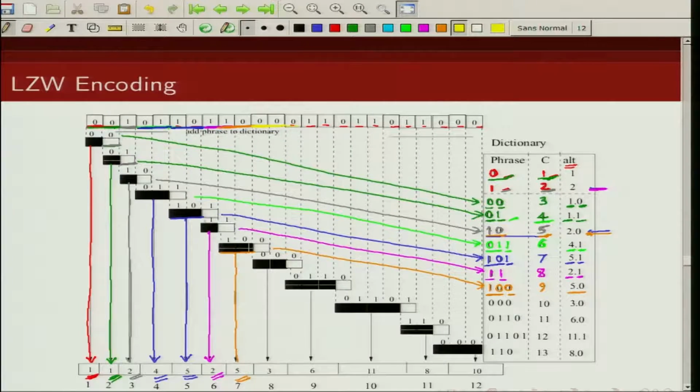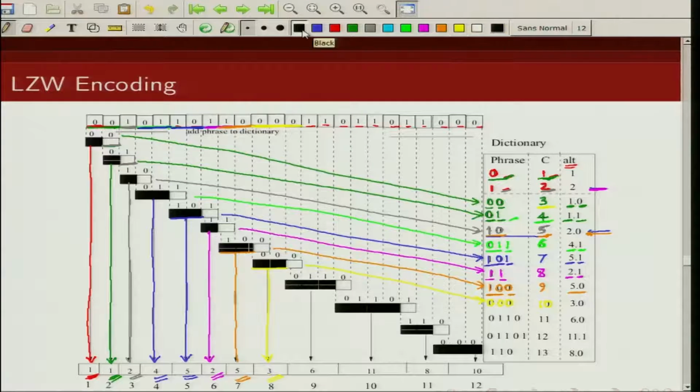So I continue further. 0 0 0, is it in the dictionary? The answer is no. So I am going to put this 0 0 0 in the dictionary, and that's code word number 10, and I'm going to encode 0 0. 0 0 corresponds to code word number 3.